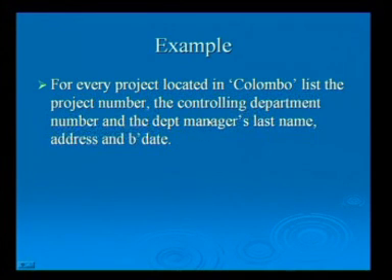In the next example, what we want to retrieve is, for every project located in Colombo, list the project number, the controlling department number, and the department manager's last name, address, and birthday. So, first we want to get the projects located in Colombo.